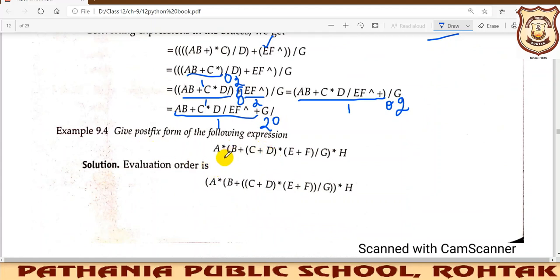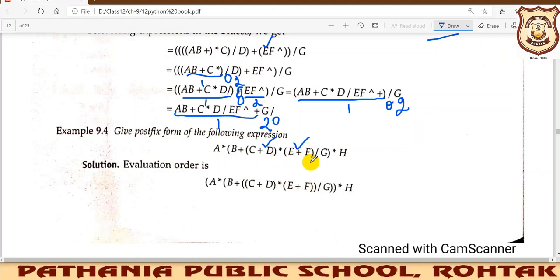This is a little bit different, so please pay attention. Firstly we will be putting the brackets, obviously. Firstly the inner brackets will be solved, this one and this one. Once these are solved, then we will see what we need to solve further.